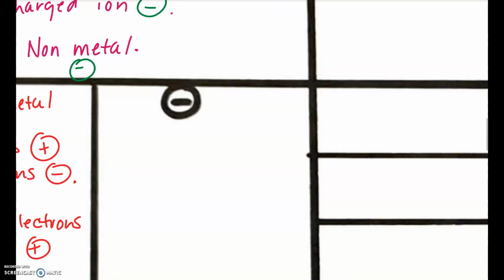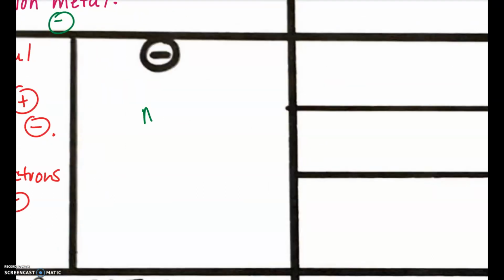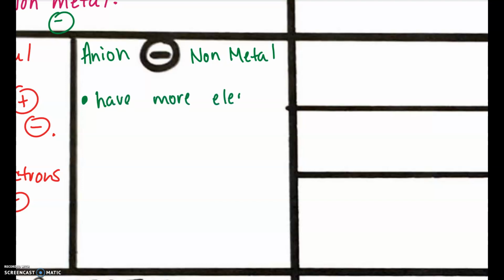Now the negatively charged ion is called an anion. That's the negatively charged ion. And remember, this is typically the nonmetal. Anions, being negatively charged, have more electrons, which are negatively charged, than protons, which are positively charged.